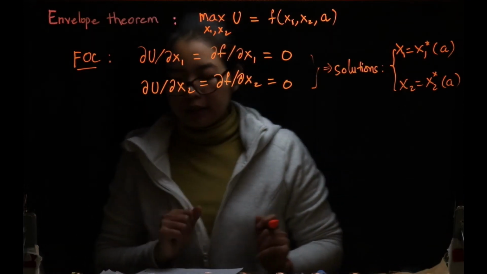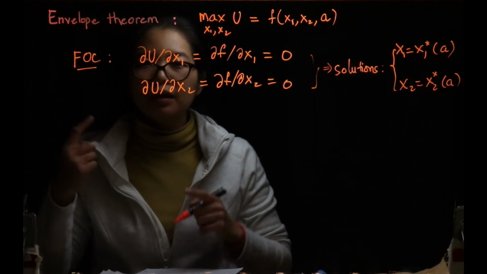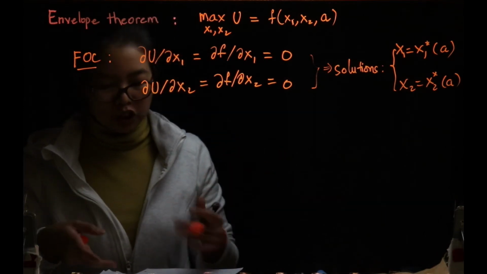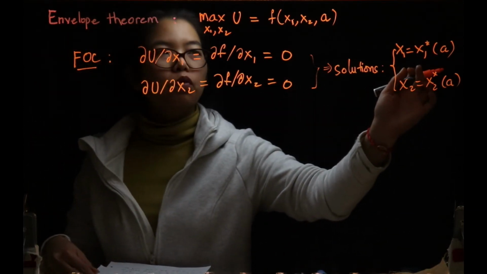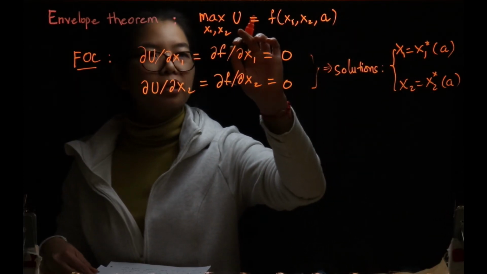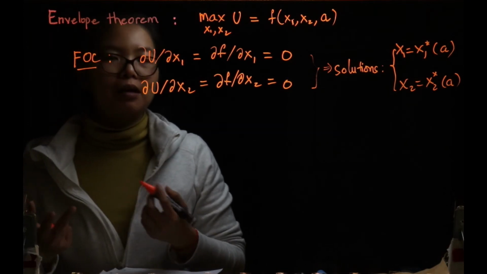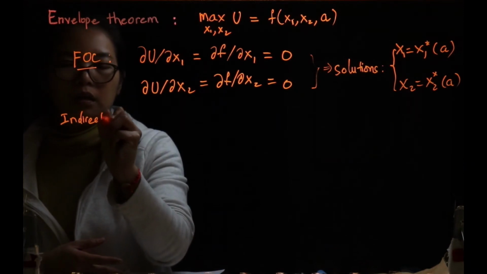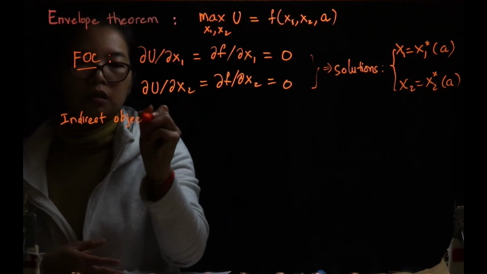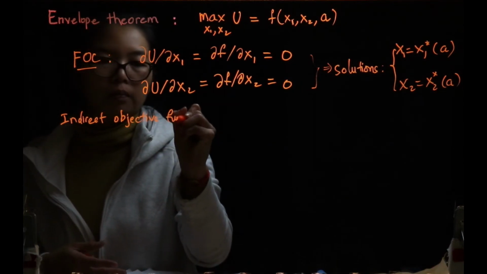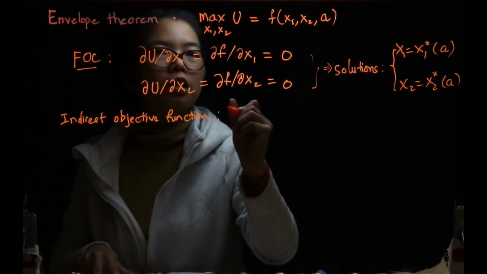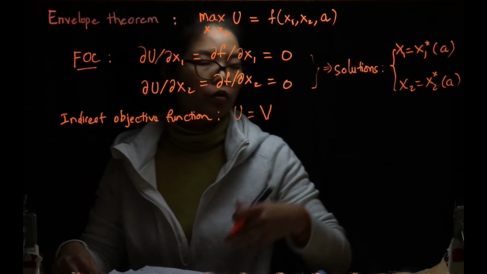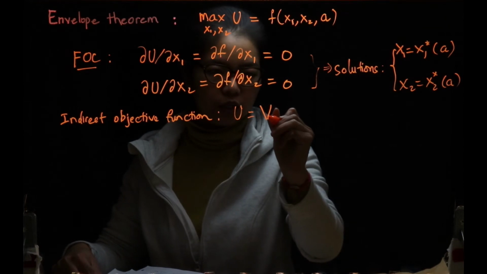After solving for this, remember last week we did the indirect utility function. But actually there's a general thing: you can plug this solution into the original objective function again to arrive at something called the indirect objective function. Here you have u, but let's call it v, like the indirect utility function before.